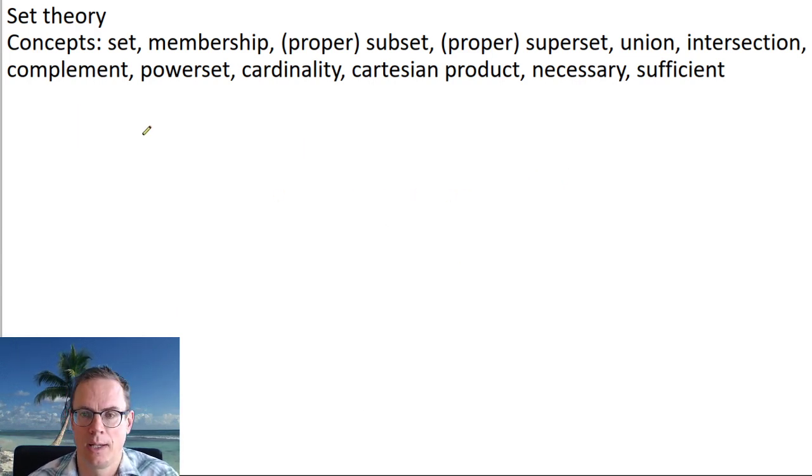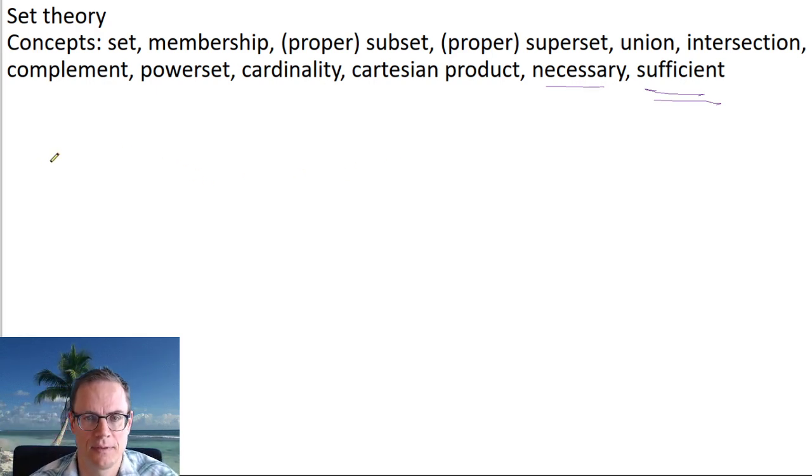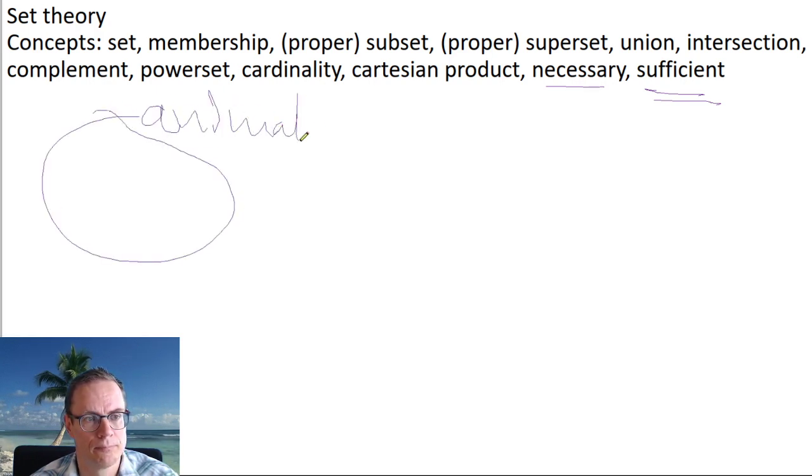Now, I also wrote the words necessary and sufficient down there. These are not very complicated. Basically, suppose we have the set of animals and we have a subset of all the tigers.